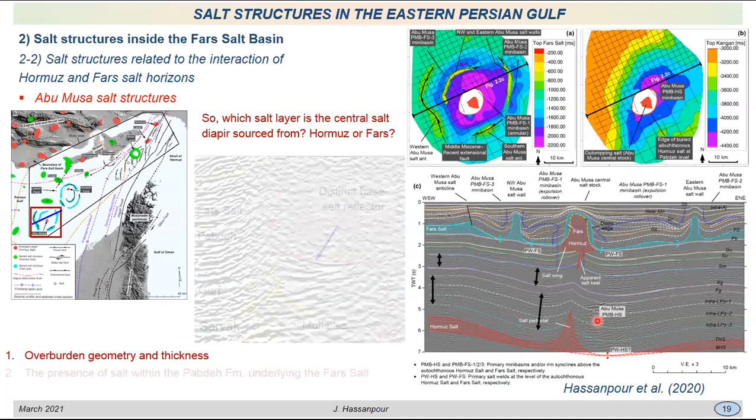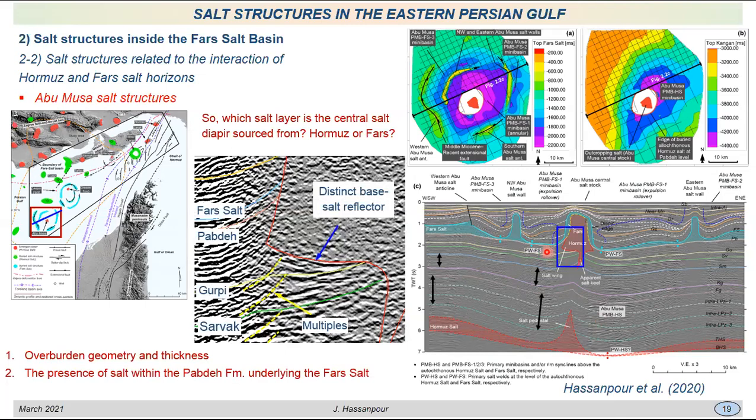The second point is that at this level, which is at the Paleogene level and older than the Fars Salt, as you can see in this zoom-in image, you can see a divergence of the seismic horizons just above and below this transparent zone that we have interpreted as showing an allochthonous body of Hormuz Salt, because it's in place at older stratigraphic levels compared to the Fars Salt, which is here.